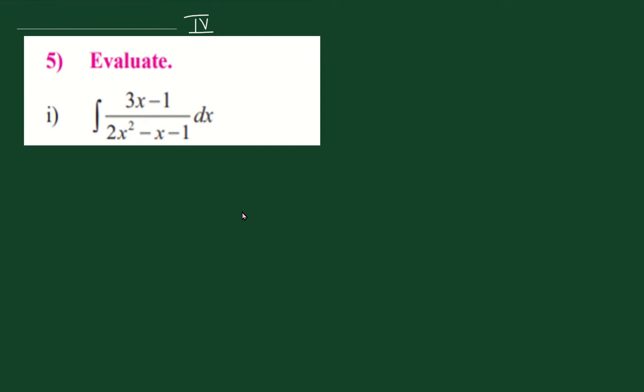Okay. So here, before starting to solve, we factorize the denominator this way. We don't take the numerator, but we take the denominator. So 2x square minus x minus 1. We split the middle term. So we get 2x square minus 2x plus x minus 1. And then we take 2x common initially.